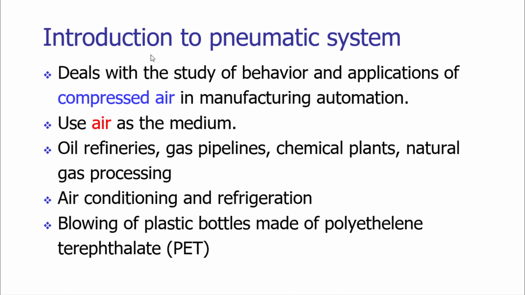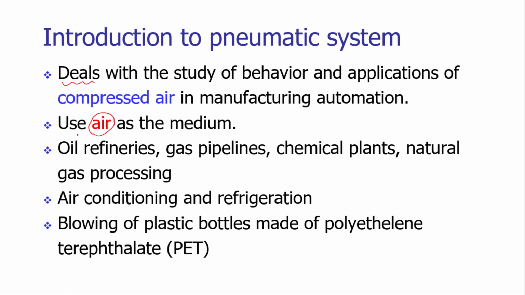So for a variety of purposes, pneumatic systems, that is compressed gas systems or compressed air systems, are utilized. Pneumatic systems, as we have seen, basically deal with the behavior and application of compressed air in manufacturing automation.